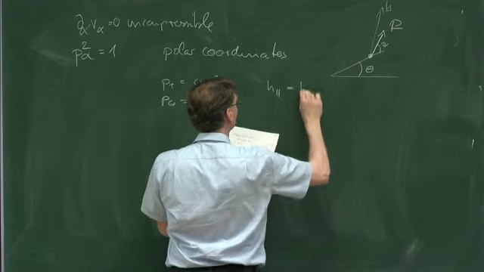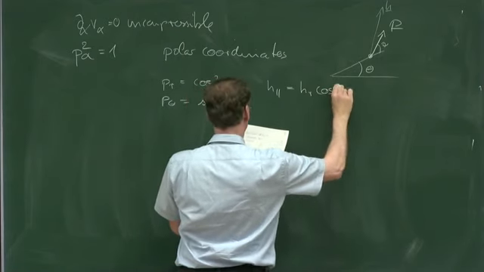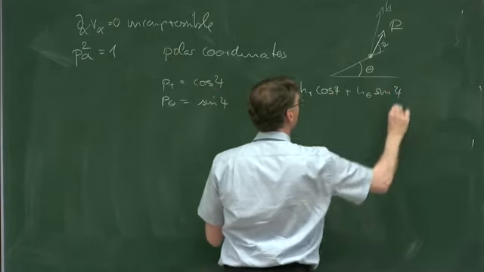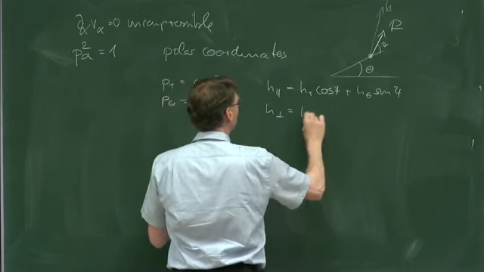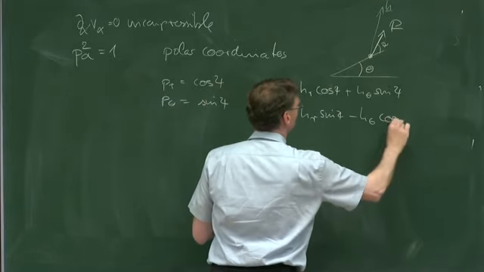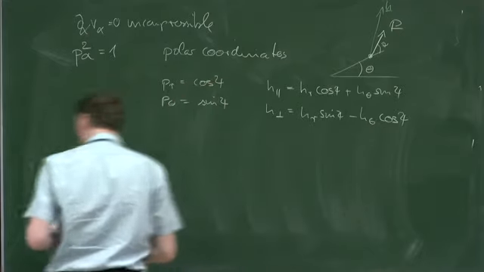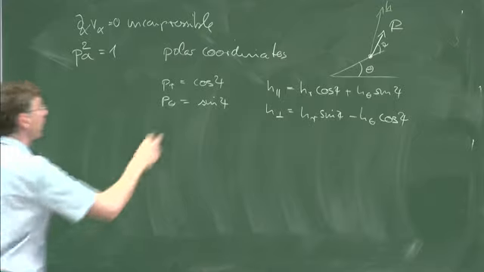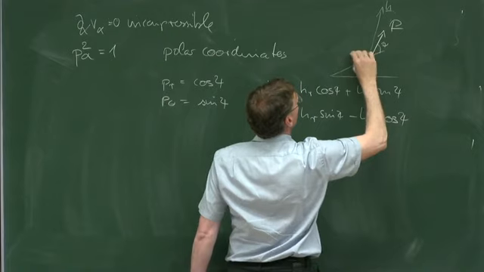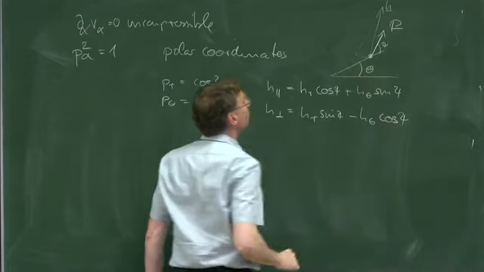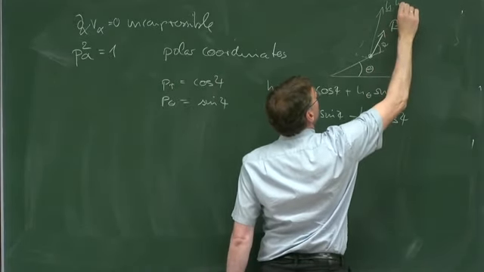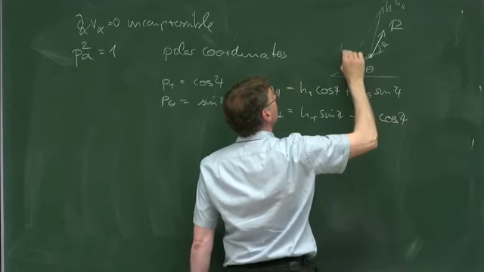So this is H_parallel equals H_r cosine psi plus H_theta sine psi, and H_perpendicular is then H_r sine psi minus H_theta cosine psi, right? So you now describe the molecular field vector in terms of these components, H parallel and H perpendicular.